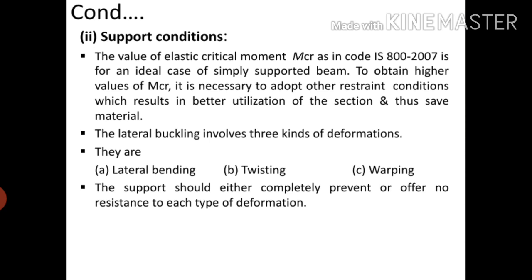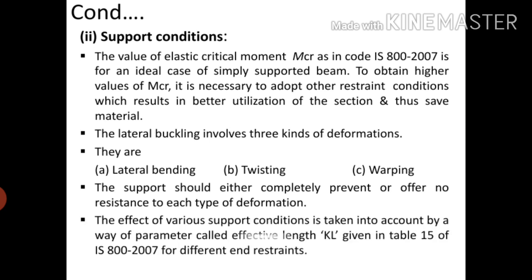The support should either completely prevent or offer no resistance to each type of deformation. The effect of various support conditions is taken into account by a parameter called effective length KL, given in Table 15 of IS 800/2007 for different end restraints.